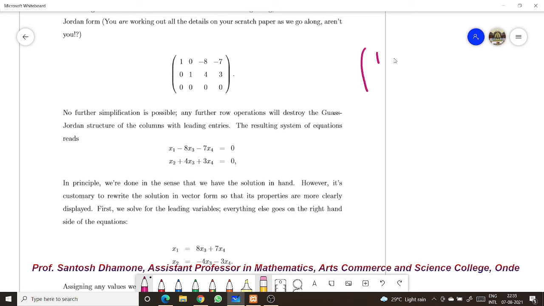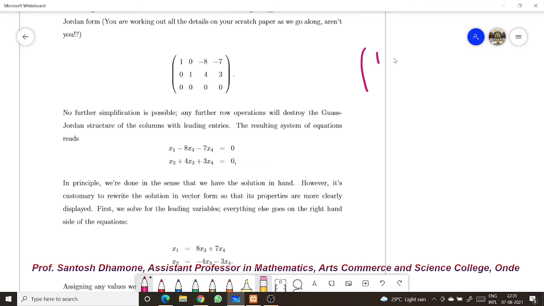x is equal to column matrix of variables x1, x2, x3, x4 is equal to, we write this system as, this is the system, we write the coefficient of S in this first matrix.